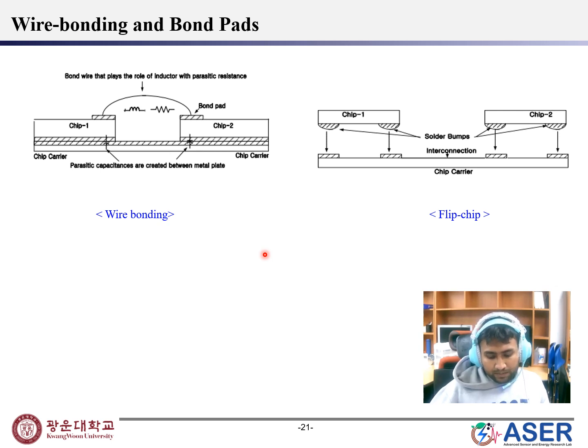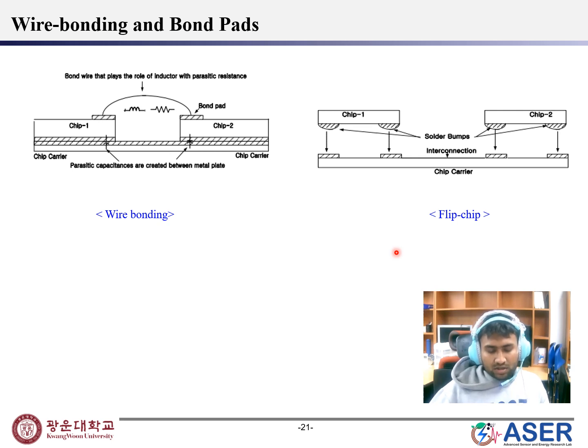Through the wire bonding and bond pads, DC bias can be supplied and output signals can be taken out. However, in this process of wire bonding, serious consequences can arise due to the low pass characteristics, as shown in the figure. This figure is the wire bonding figure. The use of interconnection in MMIC requires accurate modeling to avoid unwanted resonances.